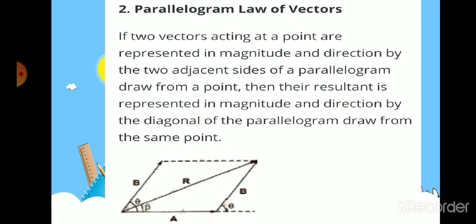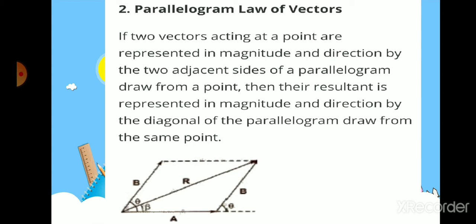Suppose vector A and vector B are the two given vectors. So, join the tails or the starting points of the two vectors together. Then draw a line parallel to A starting from the end point of B. Similarly, draw another line parallel to vector B starting from the ending point of vector A. These two will meet at a common point.